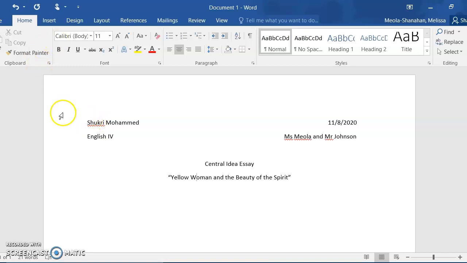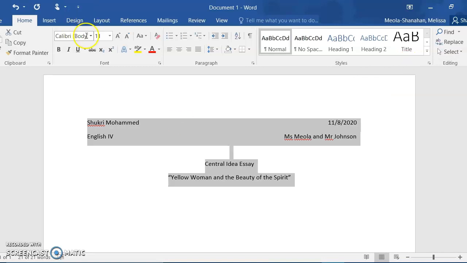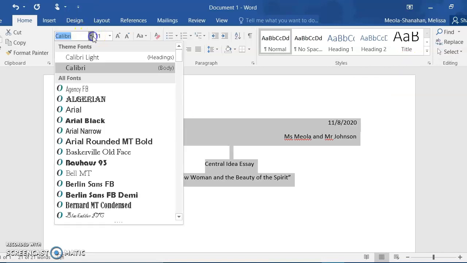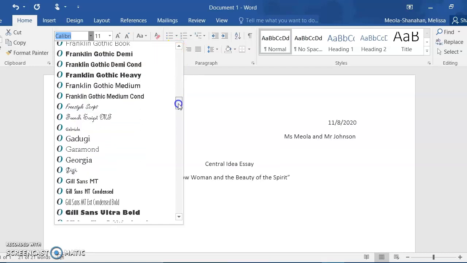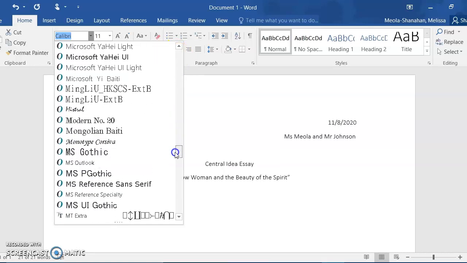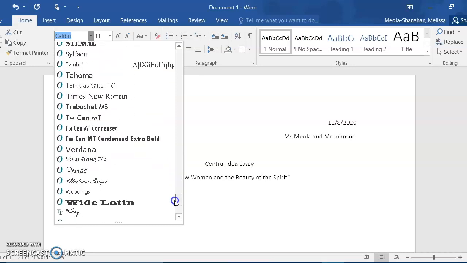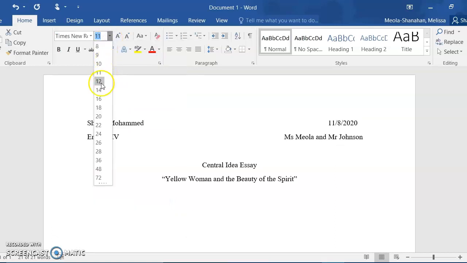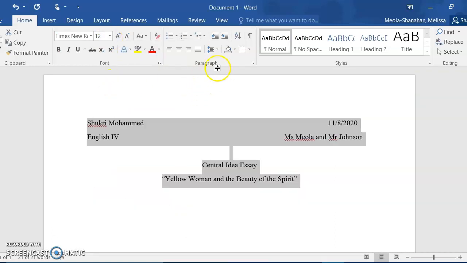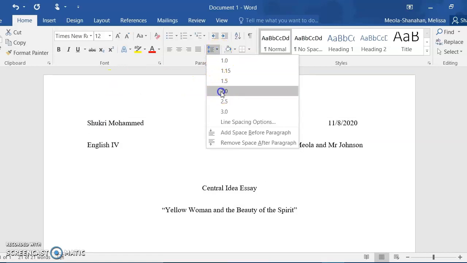You also want to select all. You want to be writing in Times New Roman as per instructions. 12 is the size of the words, and line spacing 2.